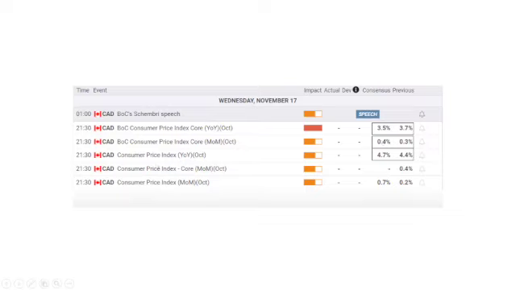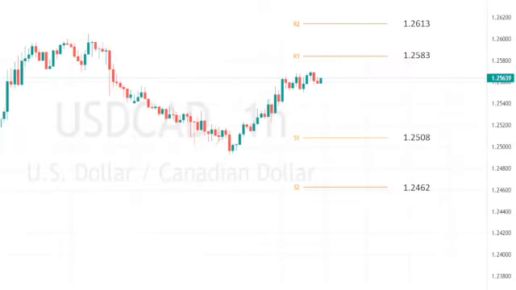And the consumer price index on a yearly basis as well is 4.4 for the previous data, and it's expected to be much higher at 4.7%. So overall, if the data for Canada later beats the market expectations, then you might see the price of USD/CAD go down. And as of this moment, it's around 1.2563.